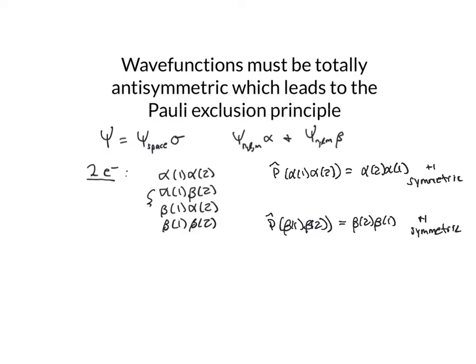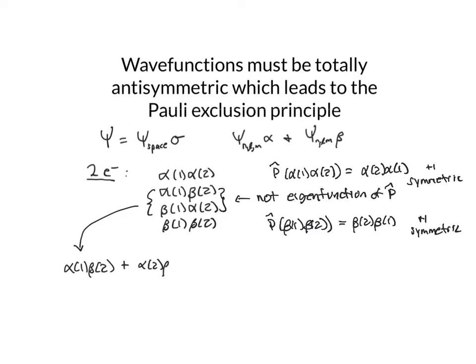But as we have these written, they are not eigenfunctions of the exchange operator. And so we have to write them in terms of linear combinations. So for these two spin functions, we're going to write alpha 1 beta 2 plus alpha 2 beta 1, or alpha 1 beta 2 minus alpha 2 beta 1.